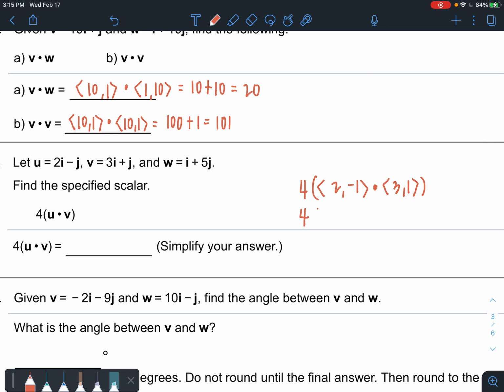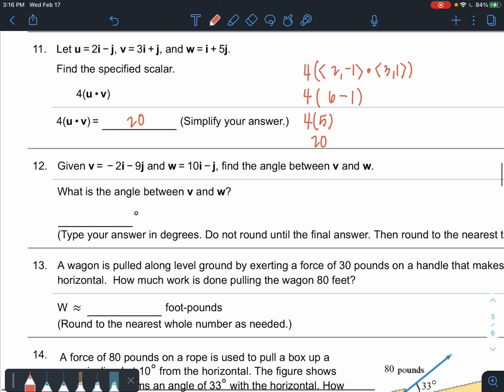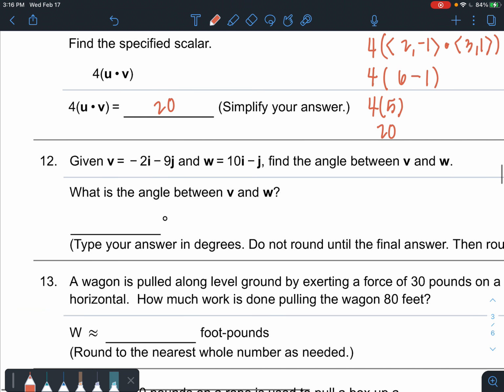So we have 4 times 2 times 3 is 6. 1 times negative 1 is negative 1. 4 times 5 is 20. Moving pretty fast here. Feel free to pause if you need to.